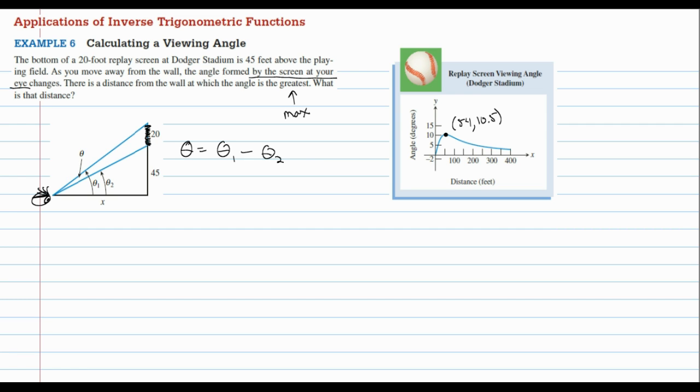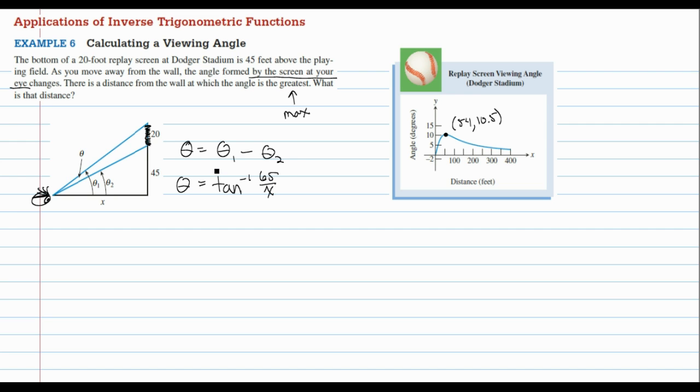It seems complicated, but this is actually great, because I'm looking for the angle, theta 1, the angle whose tangent is opposite over adjacent, 65 over x. So I'm looking for the inverse tangent of 65 over x.